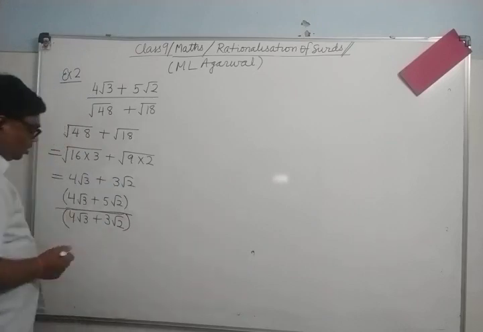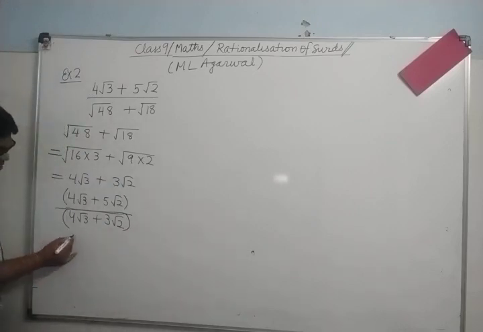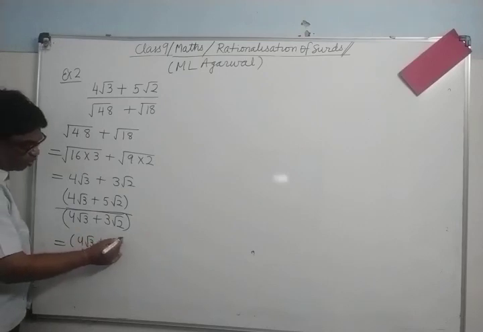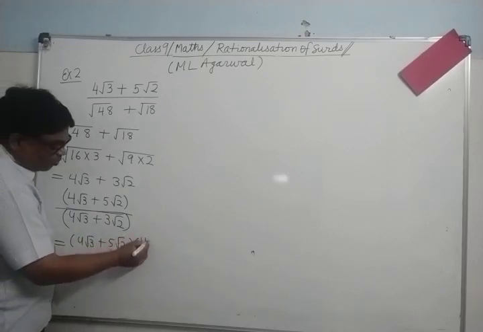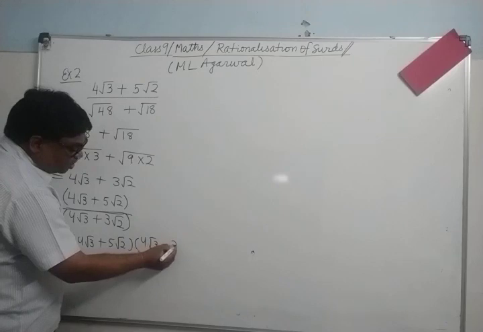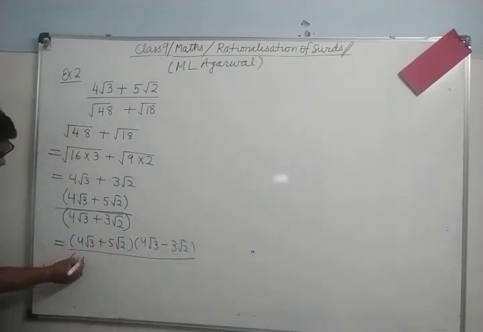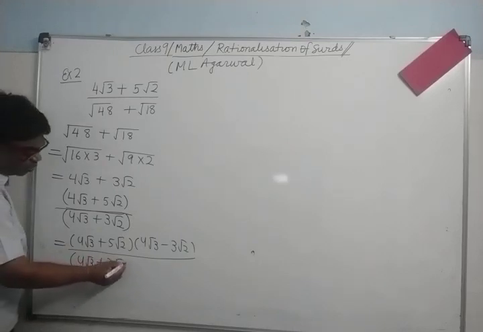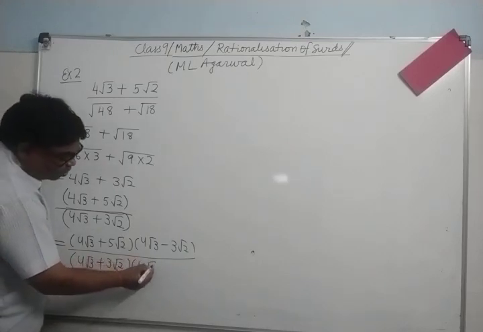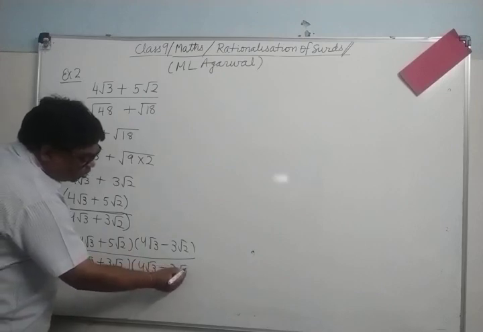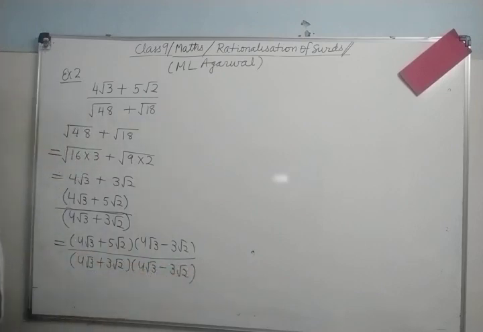So you can see here, it will be equal to 4 root 3 plus 5 root 2 into 4 root 3 minus 3 root 2. In the denominator, 4 root 3 plus 3 root 2 into 4 root 3 minus 3 root 2. Is it clear?